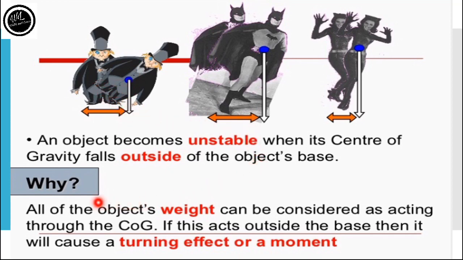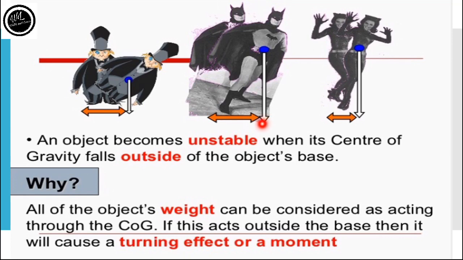Why? Because all of the object's weight can be considered as acting through the center of gravity. If the center of gravity acts outside the base, it will cause a turning effect or a movement in a body.